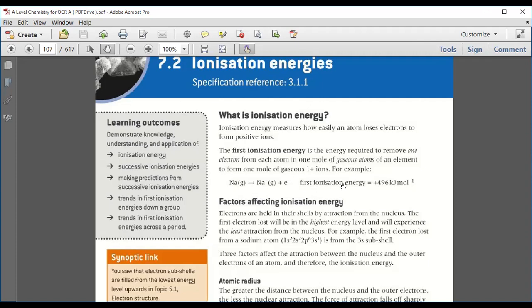For sodium, this first ionization energy is positive 496 kilojoule per mole. That is not for one single atom, that is for one mole. If you divide this number by Avogadro number, you will get the energy required for removal of one electron from one atom. So that first paragraph is clear.